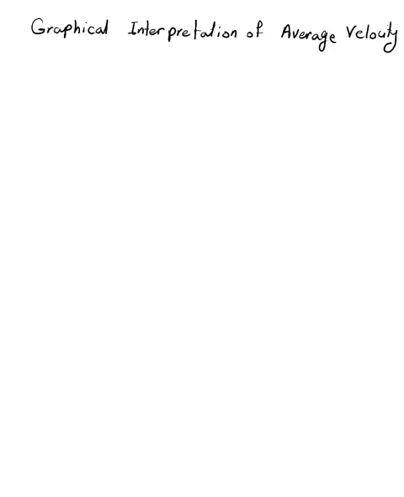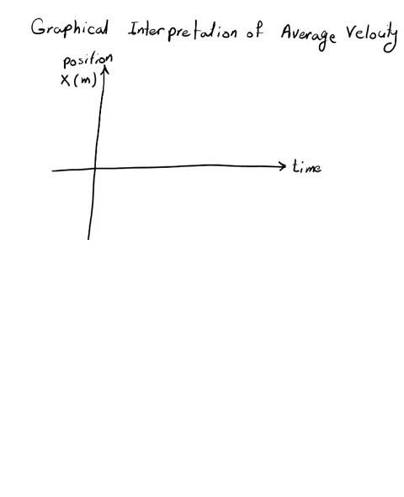What is often useful to us is to visualize a particle's motion by sketching its position as a function of time. So what I'm going to do is sketch the position as a function of time. So I can write x in meters based on t in seconds.